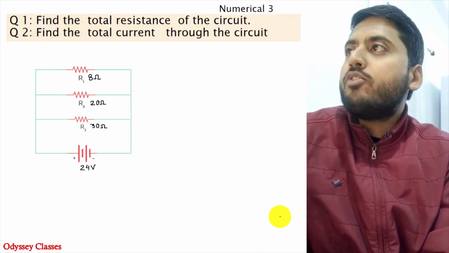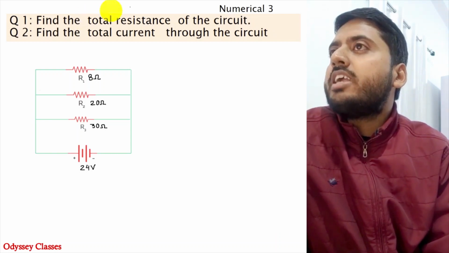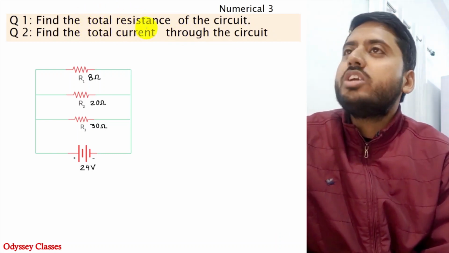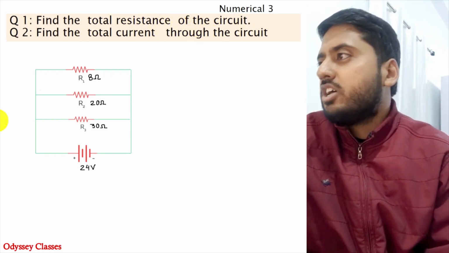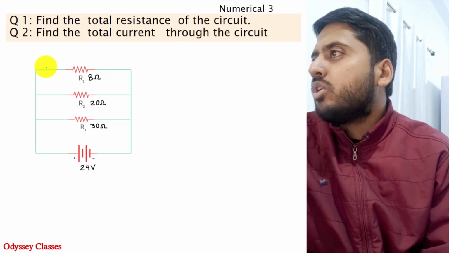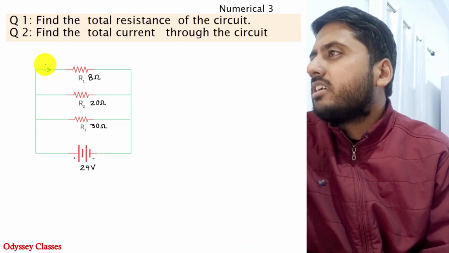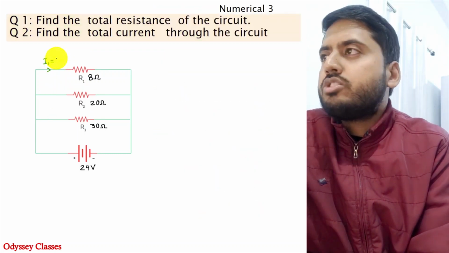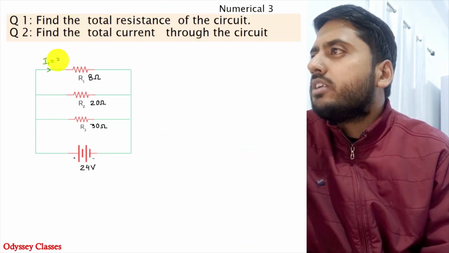As we know, we have to find the total current through the circuit, and we also have to find the total resistance of the circuit. So let me just write all the values that we just obtained. We found the current I1 in the previous slide, it was 3 amperes.